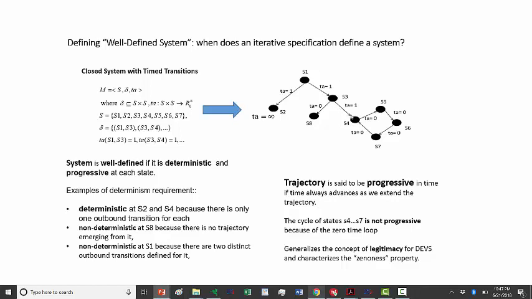For example, the cycle of S4, S5, S6, S7 is not progressive because time does not advance in that cycle, and so once we get into that state, there's no way to say what time we are in and relate that to any other model that's progressing in time as well.